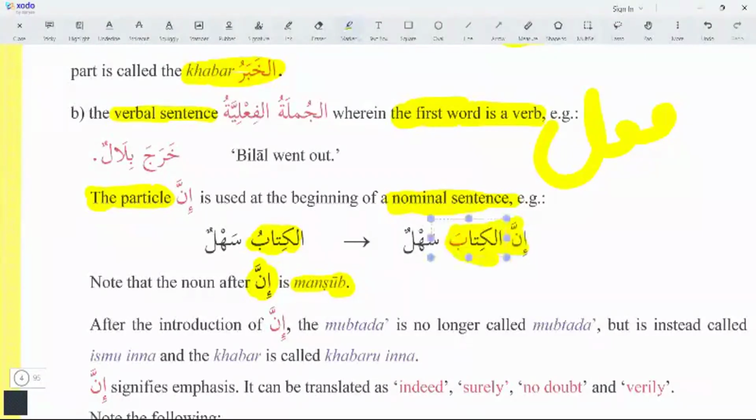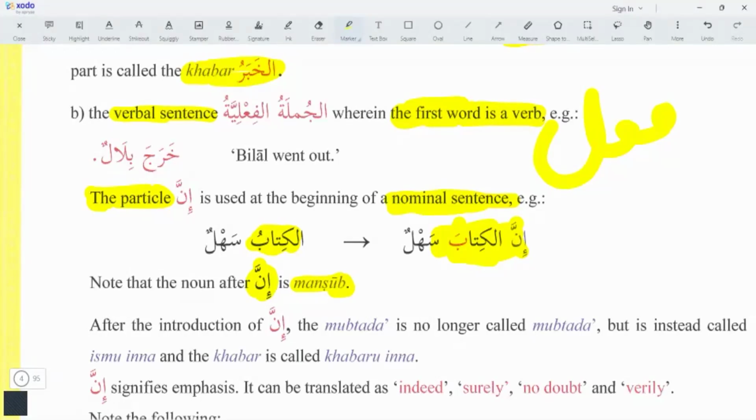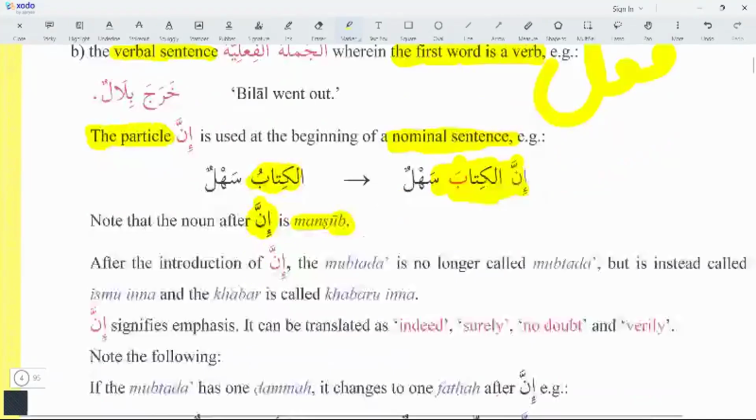So al-kitabu changed into al-kitaba. Al-kitab becomes mansoob here. That's why we call this inna harf-e nasab. This inna is called particle of nasab because it gives nasab to the noun.